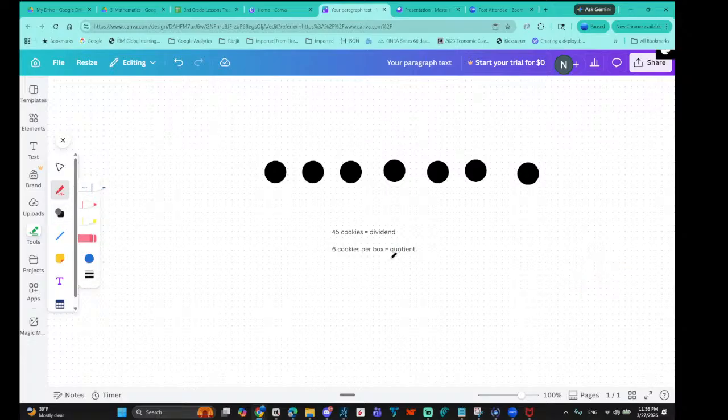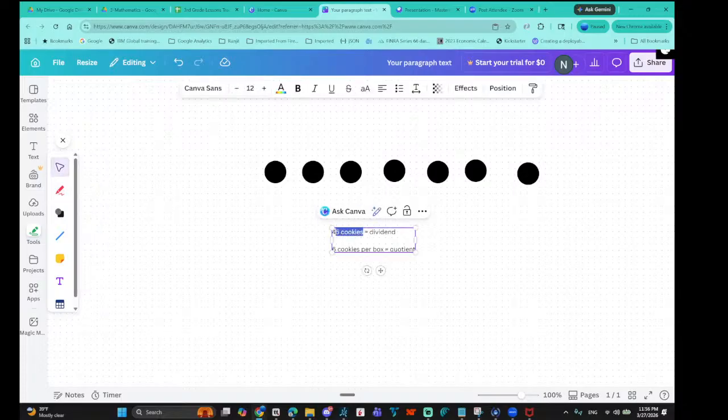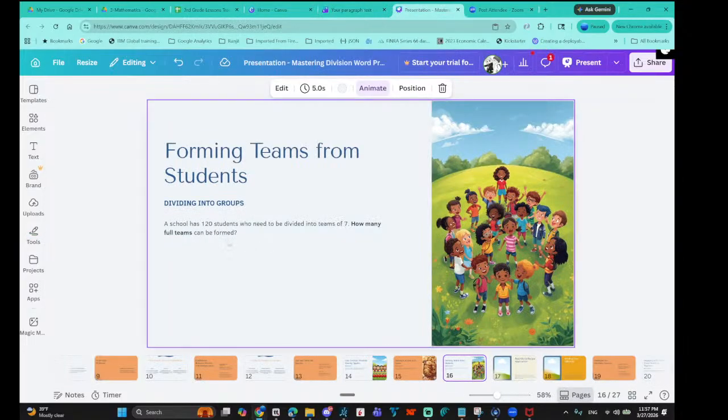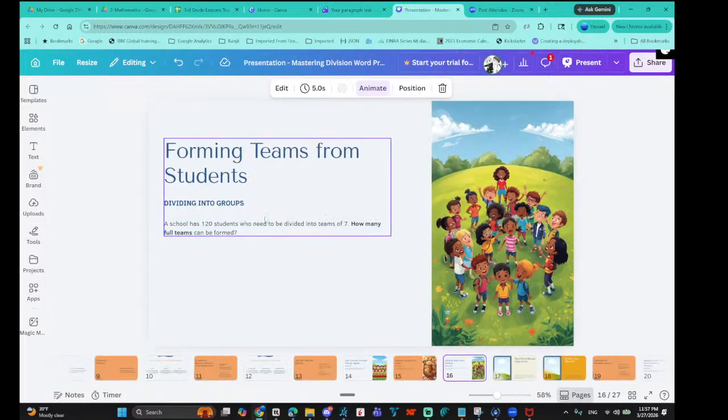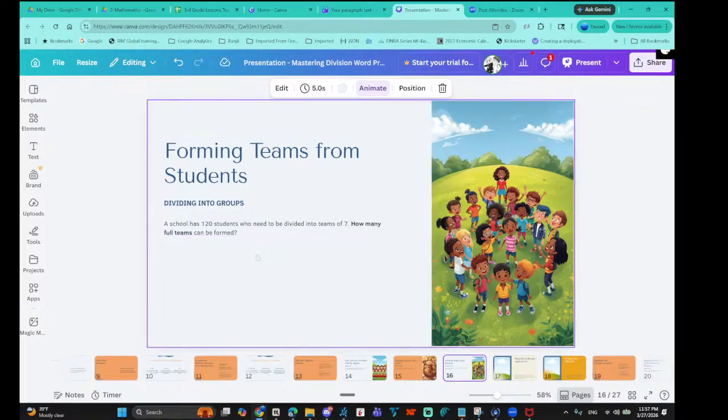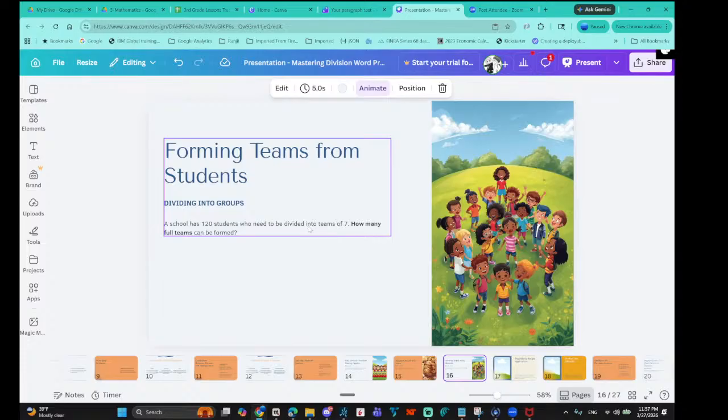Okay, so the dividend must be 120 people because that is the number of people in the school. And then we have 7, which will be the divisor because it clearly states that in the word problem.